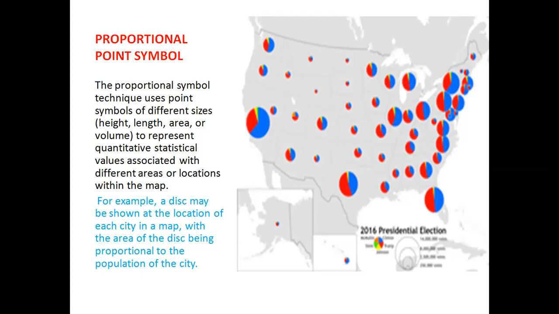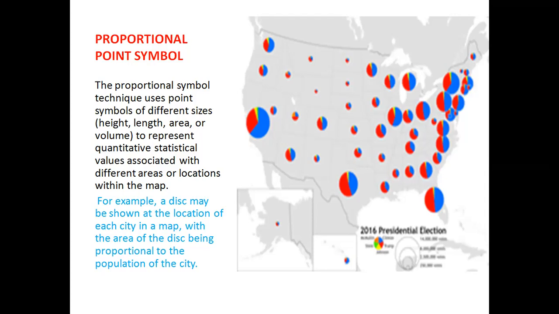The proportional symbol technique uses point symbols of different sizes, height, length, area, or volume to represent quantitative statistical values associated with the different areas or locations within the map. So this is called proportional symbol map.